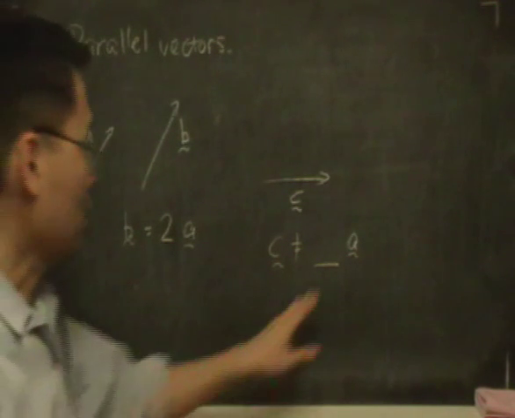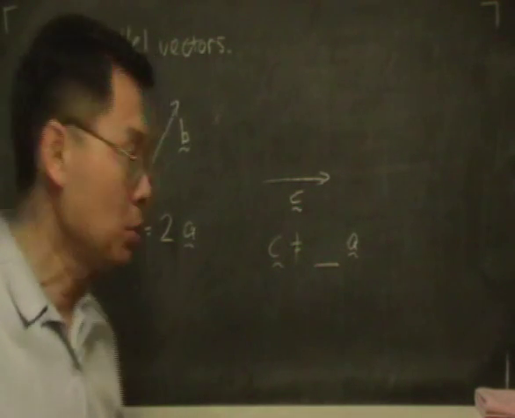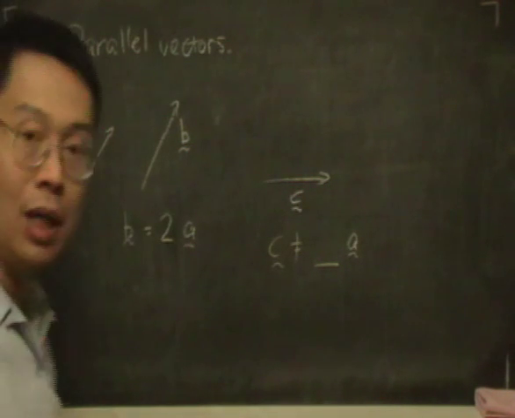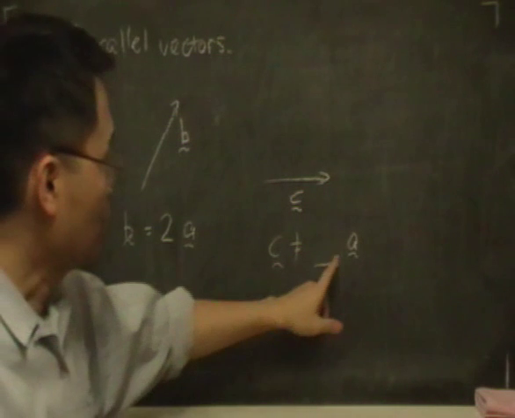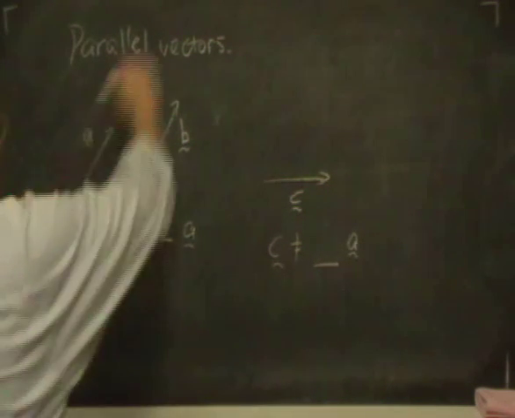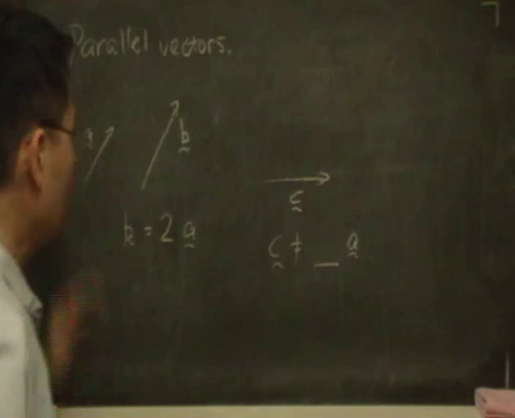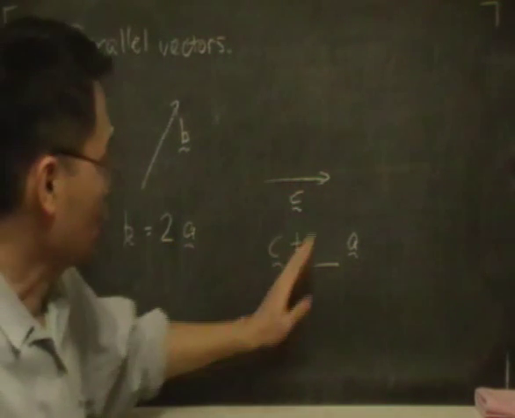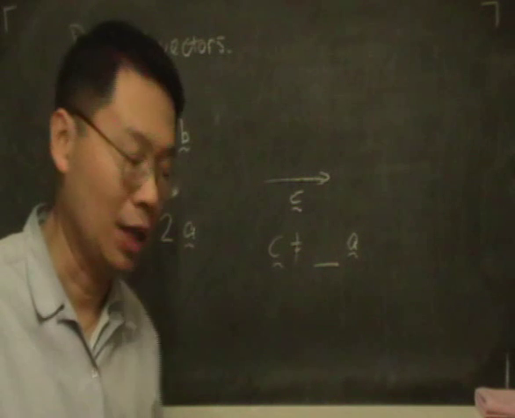Because no matter what number I choose, C is simply not in the direction of A. So if I multiply A by a number, I can only make A longer, but I can't change the direction. So in that sense, C does not depend on A.